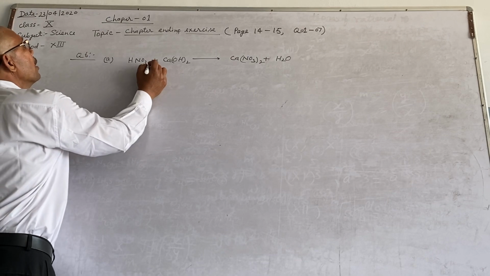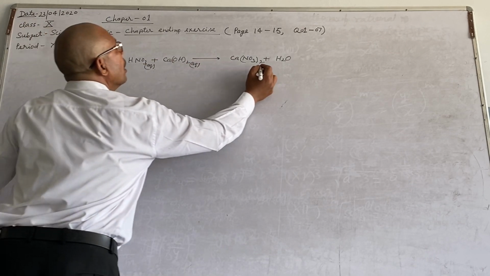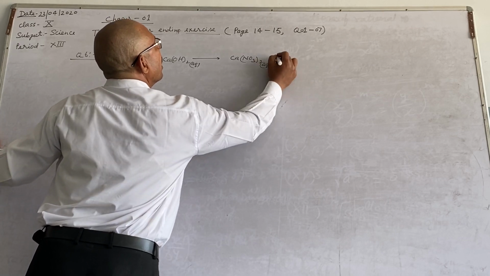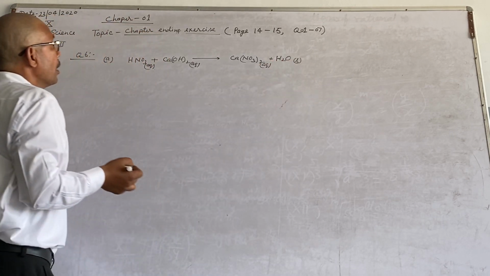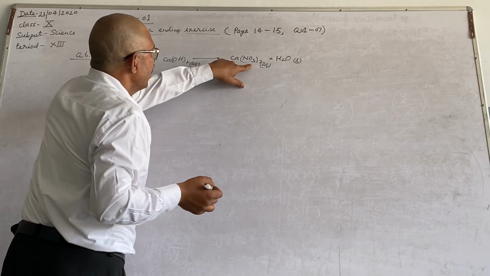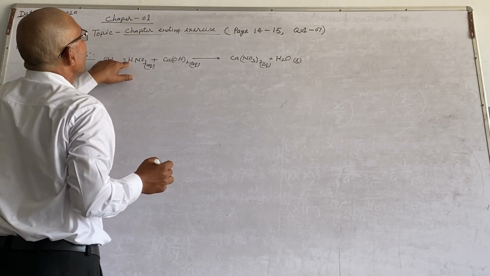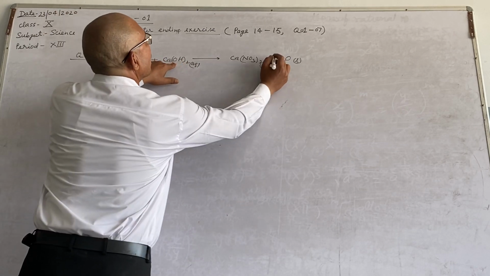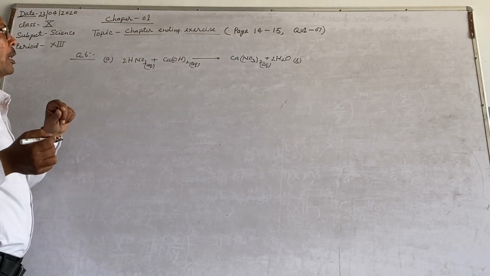Here aqueous, and this is also aqueous, calcium nitrate aqueous, and here liquid H2O. Here see, nitrate 2 ions, multiply here by 2, and 2H2O. So this is the balanced chemical equation.